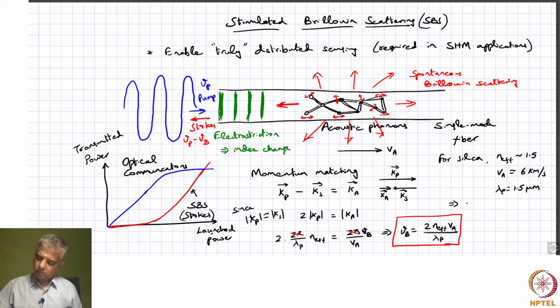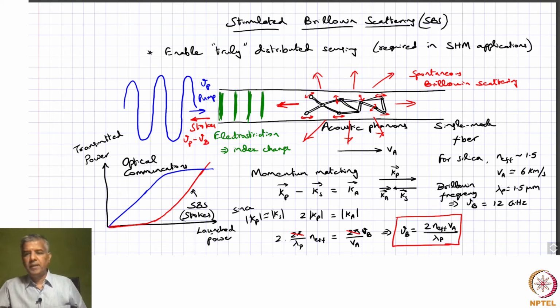So, that will correspond to a nu b, the Brillouin frequency. So, nu b is actually what is called the Brillouin frequency, corresponding to about 12 gigahertz, okay.